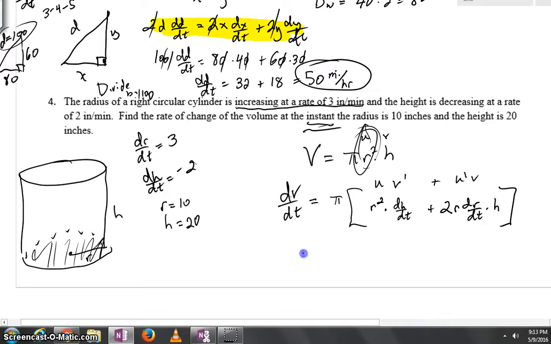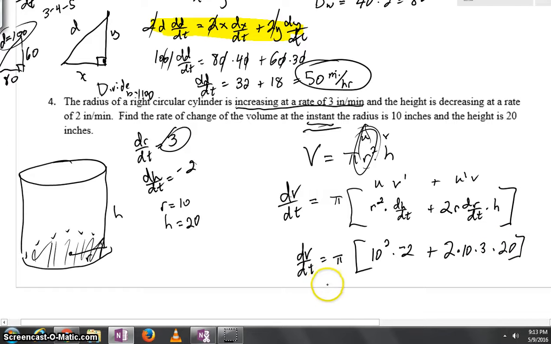Right now, you can plug in all of this relevant information. You can plug in your r. Here's your 10 squared. dh/dt is negative 2. Here's 2 times 10 times a 3. Your dr/dt is a 3. Your height is actually 20. And just cleaning this up, 10 squared is 100. 100 times negative 2 is going to be negative 200.